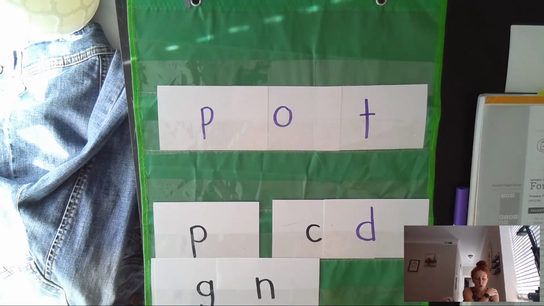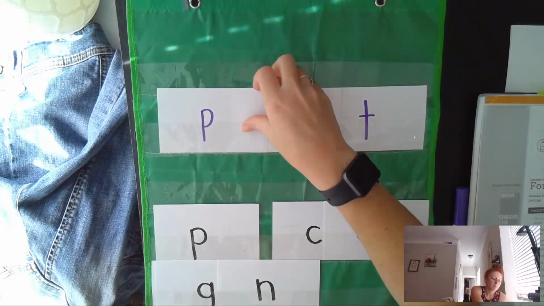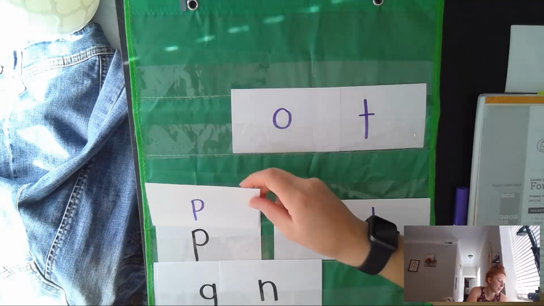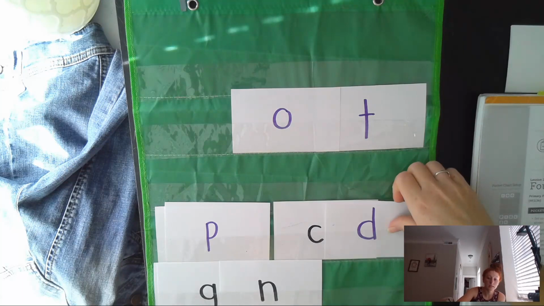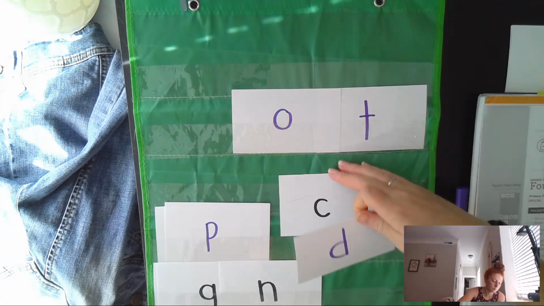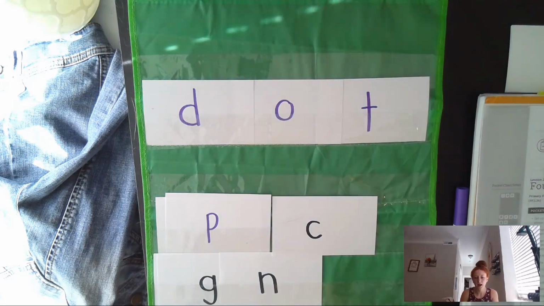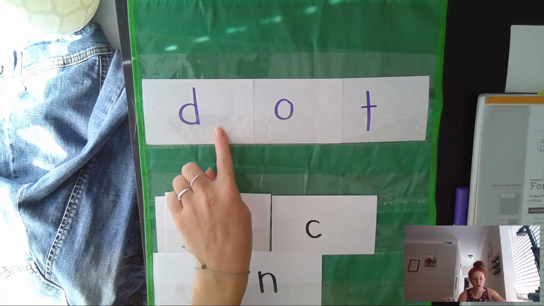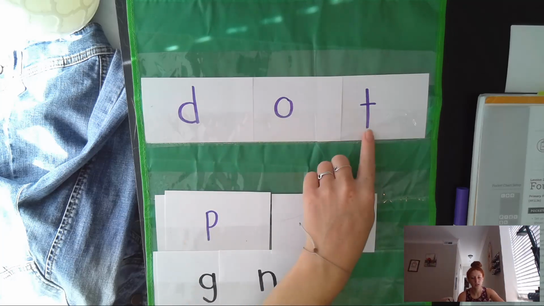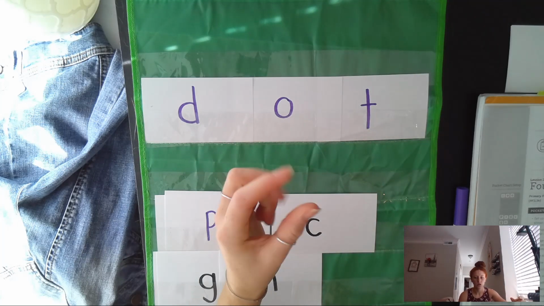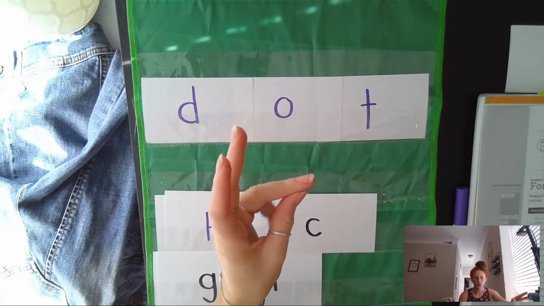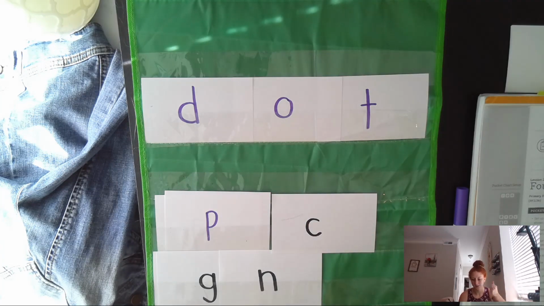Okay. What if I move my p and I put d in its spot? Now what do I have? Now I have d, o, t. Dot.